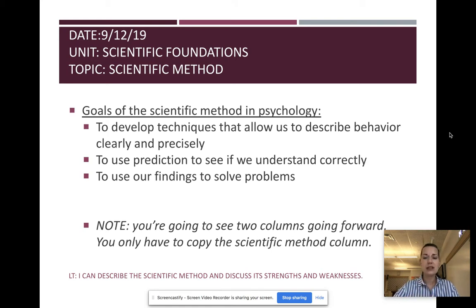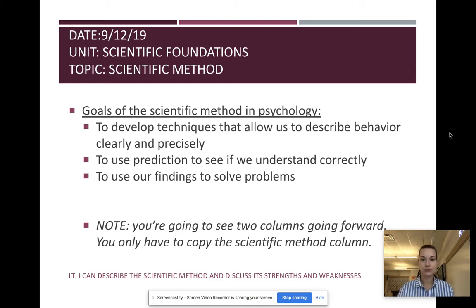So when we're using the scientific method to run psychological experiments, that's because we need to be able to describe a behavior very clearly and very precisely. So the method has to enable us to do that in a way that is exact. If we are not following the method, then we're not going to be able to describe behavior in a way that's exact.